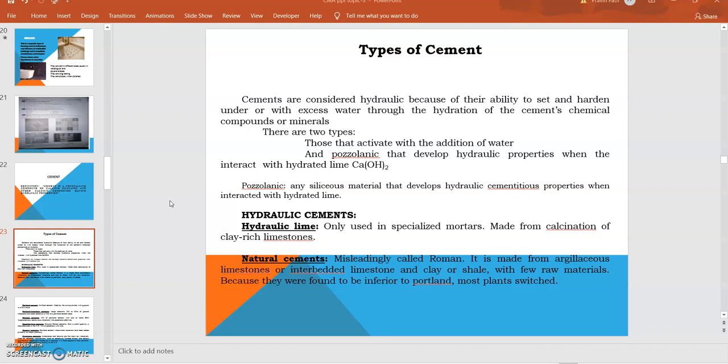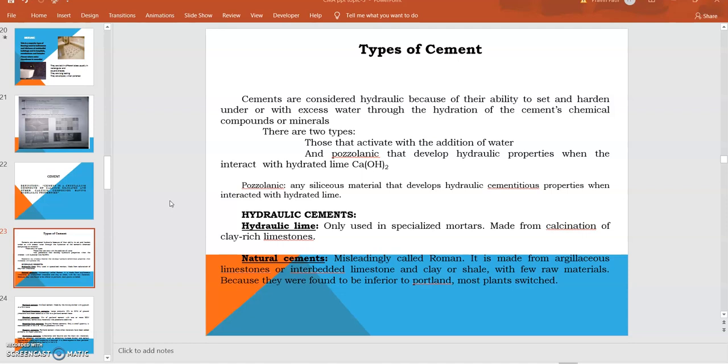It is made from aggregates, limestone and interbedded limestone, clay, shale, and a few raw materials, but they were found to be inferior to Portland, and most plants switched. So cement is generally a construction material used as a binding material which can bind together sand and aggregates, and that's why, due to its property, it is very important in concrete structures.